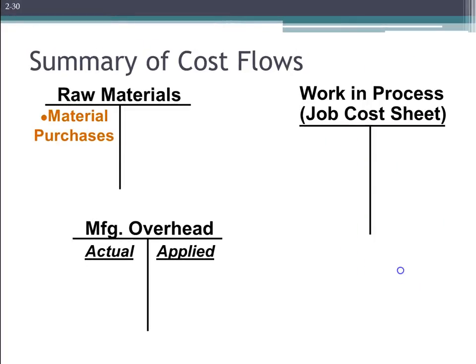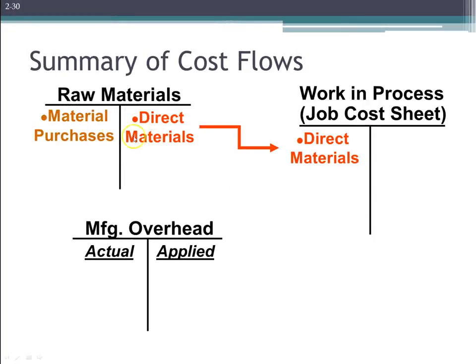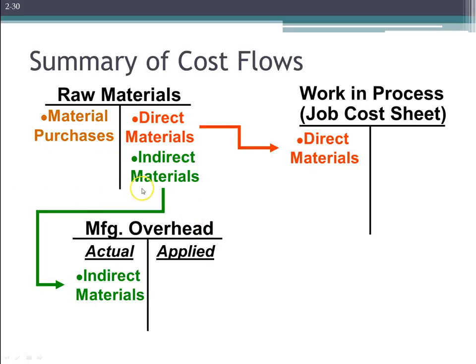So we'd be reducing the raw materials amount, and we take one amount into work in process, that's direct materials, and we take the rest of the materials that we're going to be using in the manufacturing facility into indirect materials. So we're increasing this manufacturing overhead account, and we're increasing work in process by using up some of those materials.